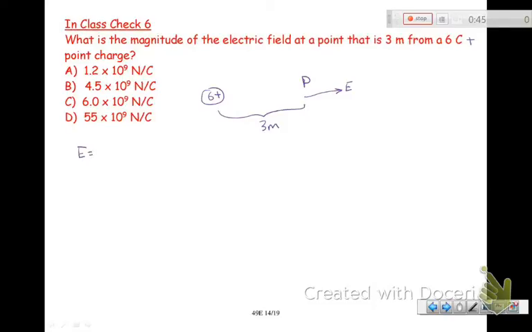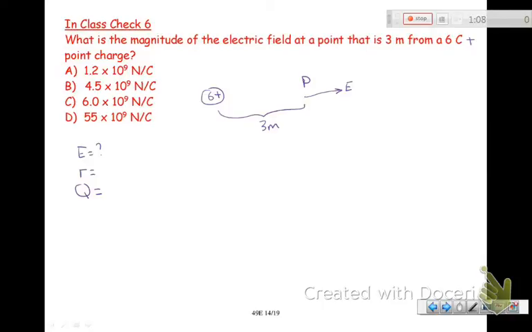E is what I want. Do I know a separation? Do I know a mother charge? Do I know a little charge? And write down your equation.